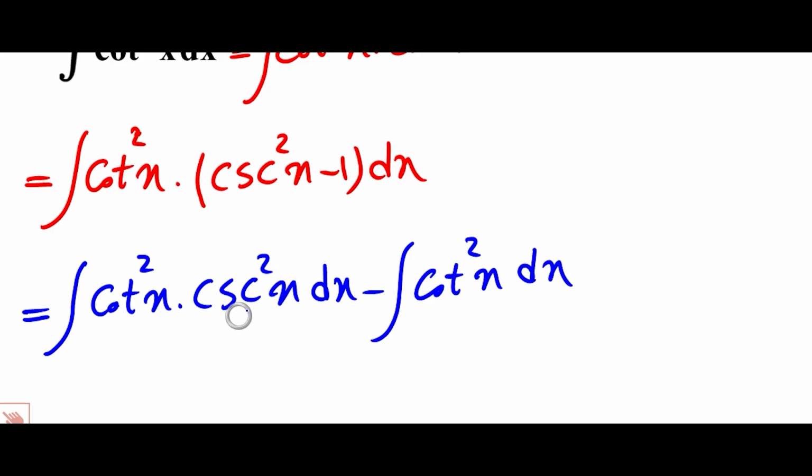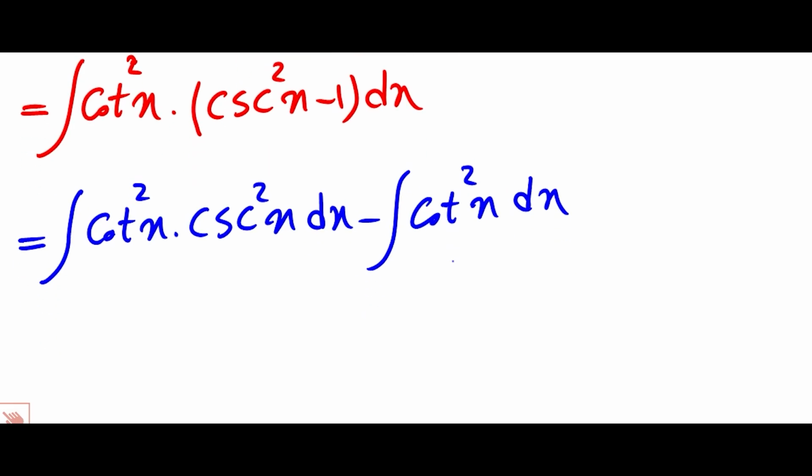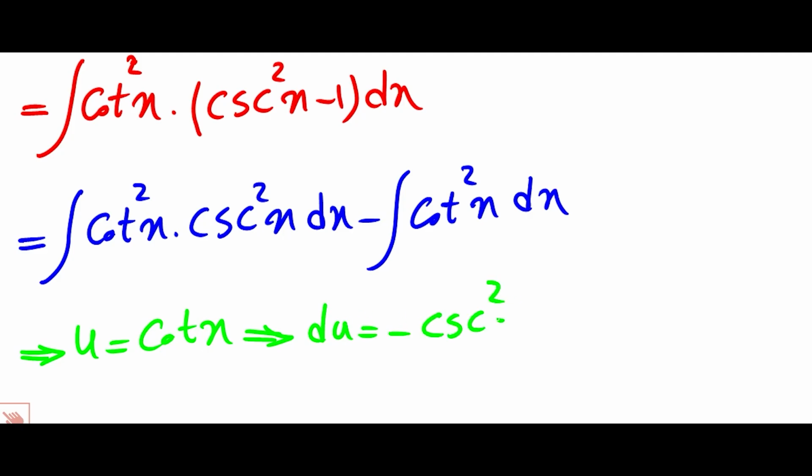In the first integral, let u equals cotangent x. So if we take the derivative of both sides, we have du equals negative cosecant squared x dx.